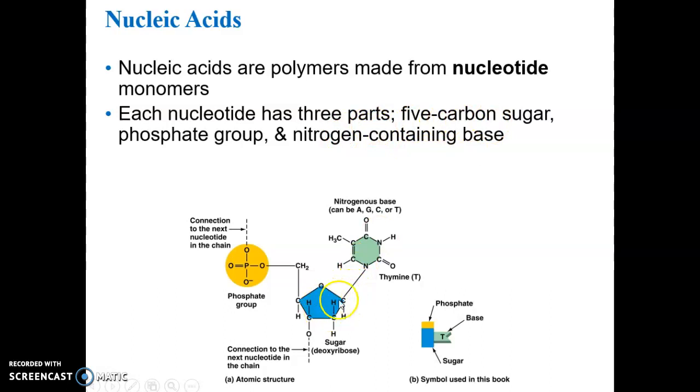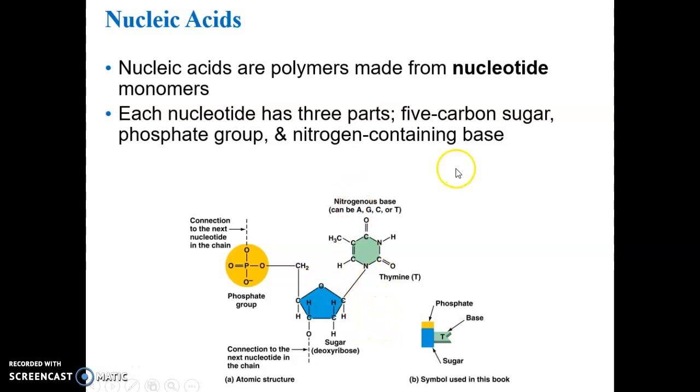A 5-carbon sugar, here in blue, a phosphate, which has a phosphorus atom and 4 oxygen atoms linked together, here color-coded in yellow, and then the nitrogen-containing base over here. So each nucleotide has these 3 components.